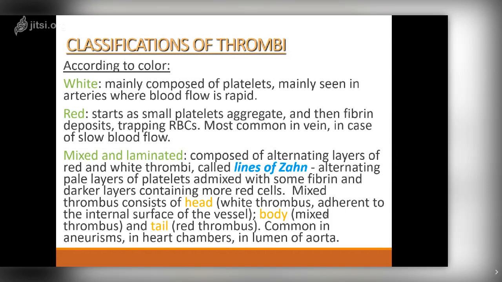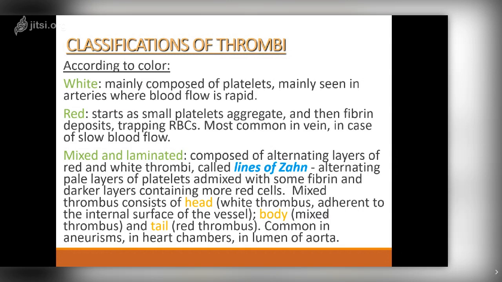Of course, due to slow growth of these thrombi, they usually develop in veins where blood flow is slow. And mixed thrombi have alternating layers of white and red thrombi that are called lines of Zahn.